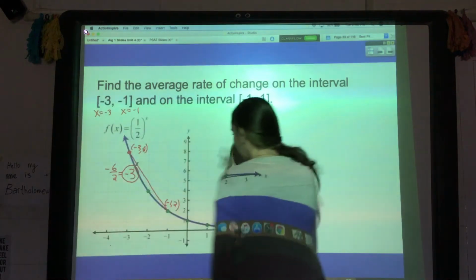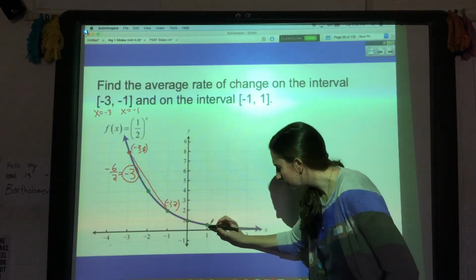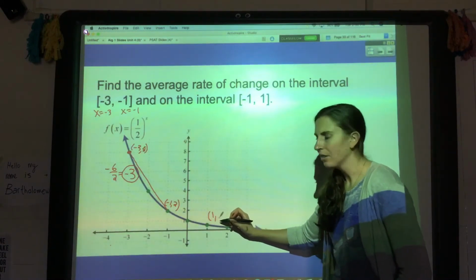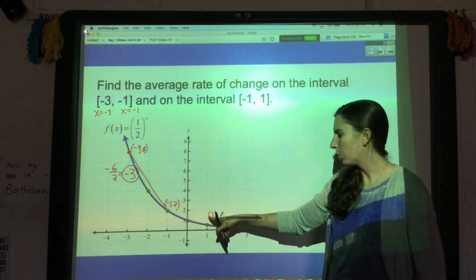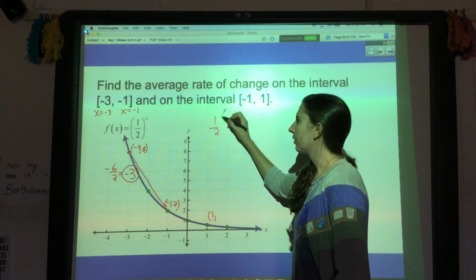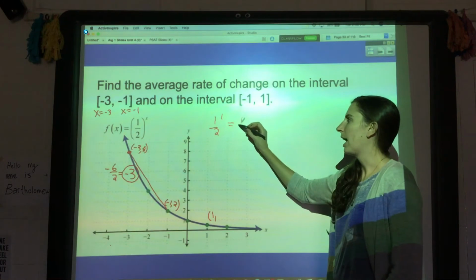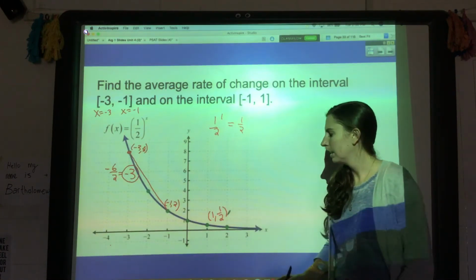For this interval, I'm going from -1 to 1, and I'm not sure exactly what this point is. It looks like it's about 1 and then like a half, but I'm gonna actually use the function here. So if I plug in 1, what do I get out? So 1/2 to the first power, plugging in a 1 here, is 1/2. So yeah, it is a half.